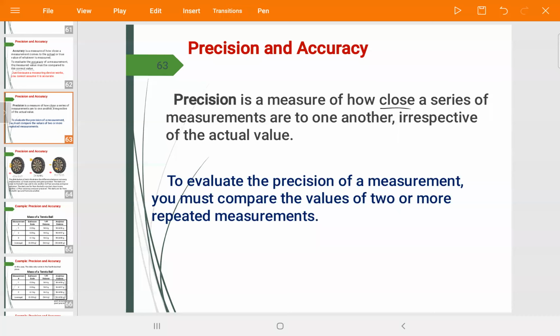By looking at the values, we can deduce that a certain measurement is precise or accurate simply by doing average deviation. We'll come to that later on. So here, to evaluate the precision of a measurement, we must compare the values of two or more repeated measurements to one another.